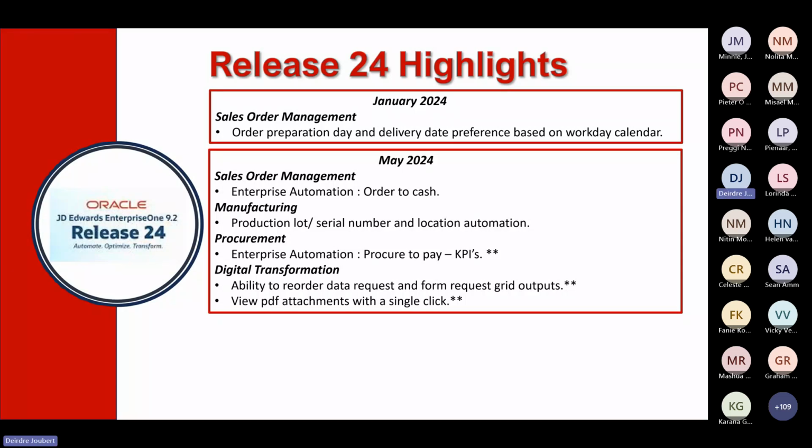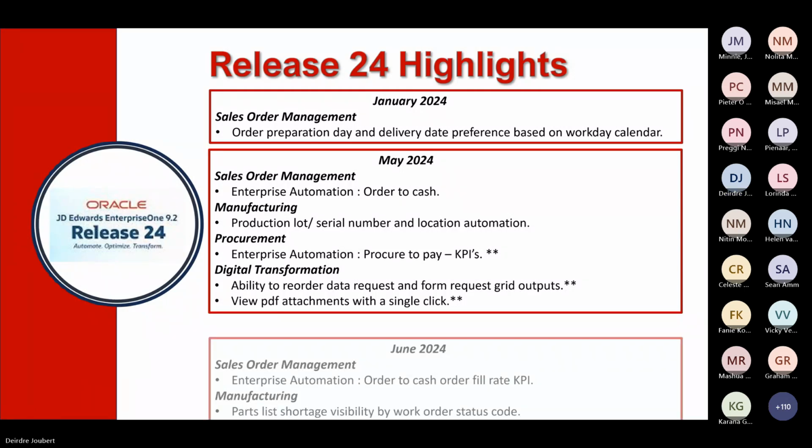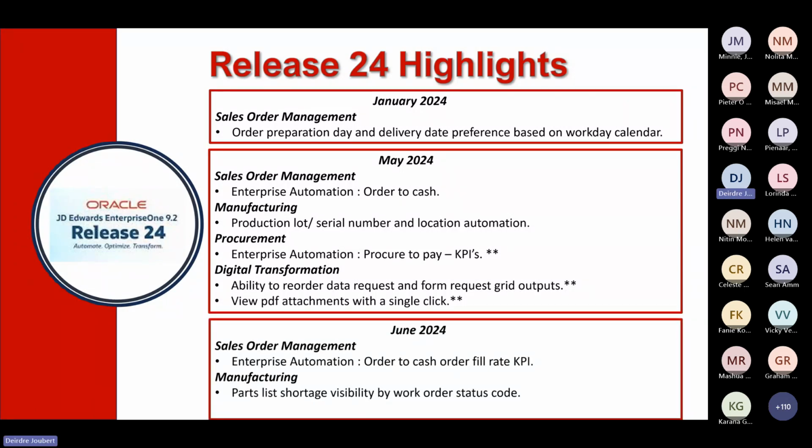And a very, very good one, I'm sure it's going to make a lot of users happy, is view PDF attachments with a single click. So no more download of a PDF to open it up and to view it. So that was available, the last one, from tools 9.2.8.3. Oh, there's more.